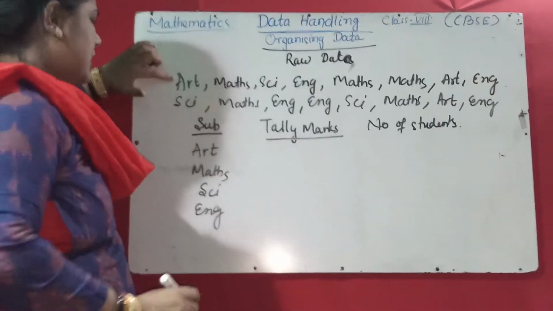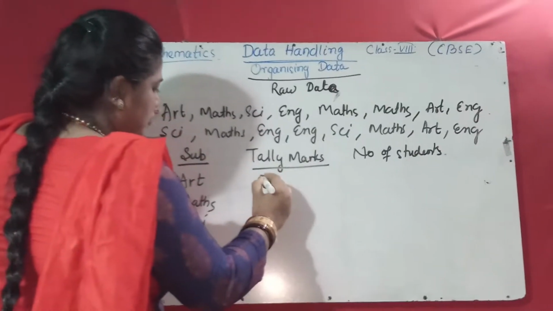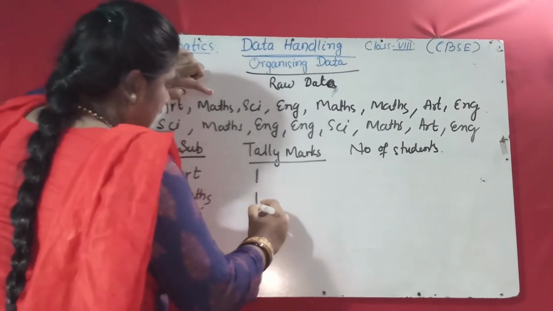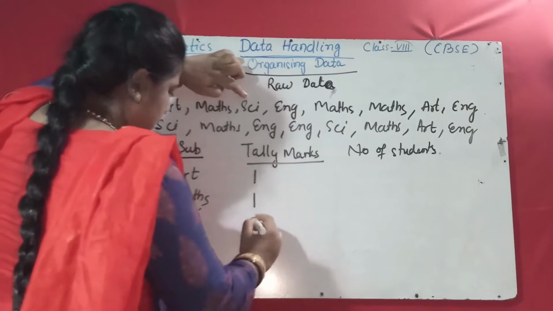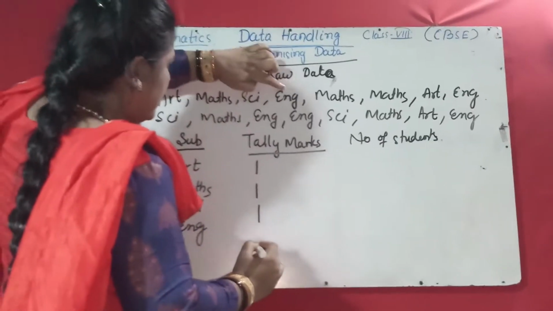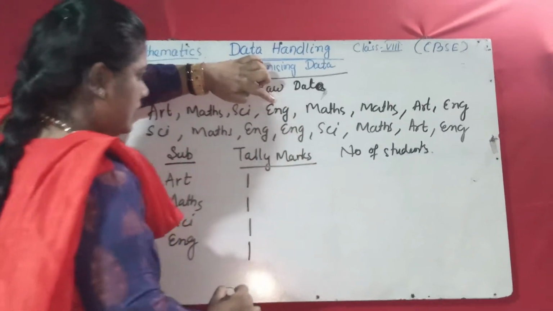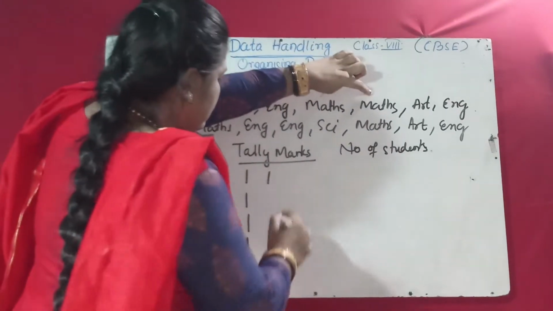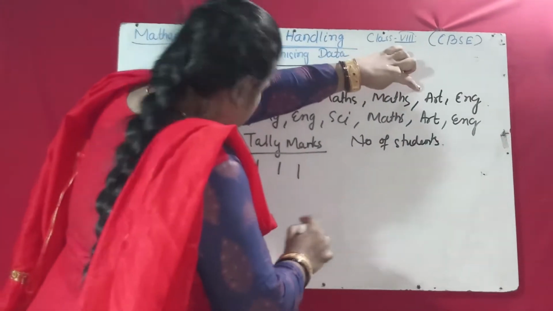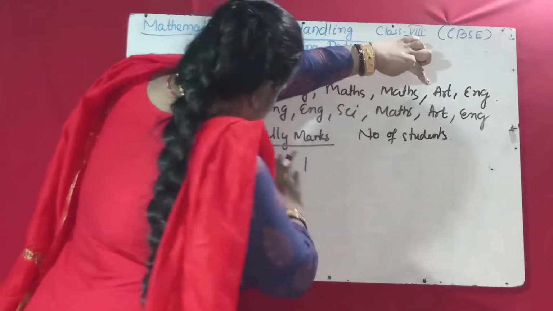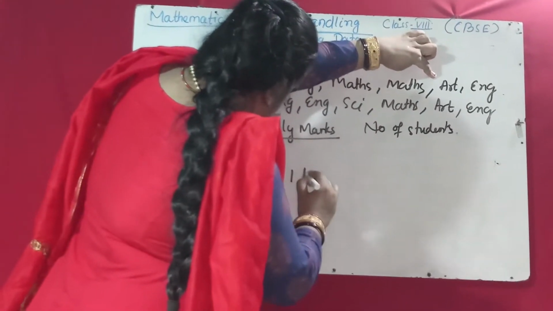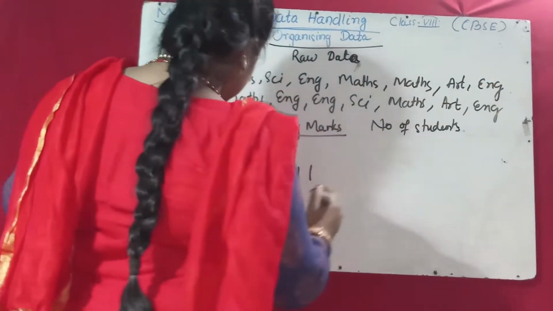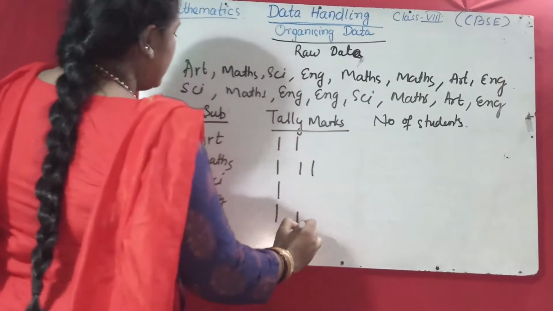For the first one, art, you draw one line. Maths is given, for maths you write another line. Science, another line, then English, draw another line. Again math, another math, then art. English, draw a line.